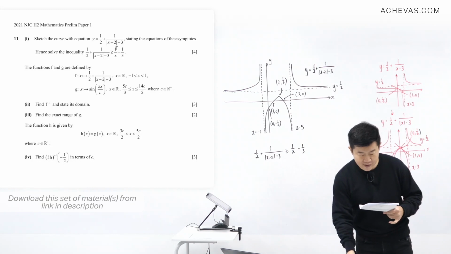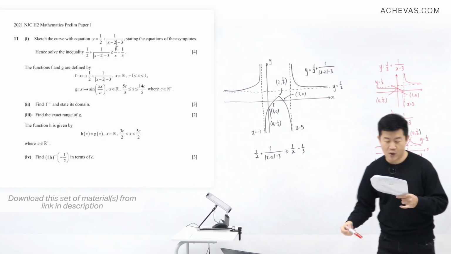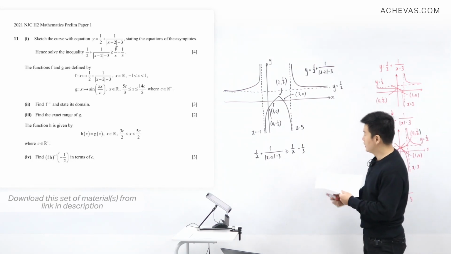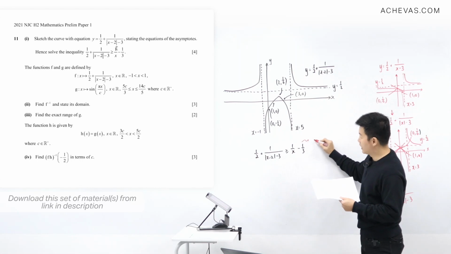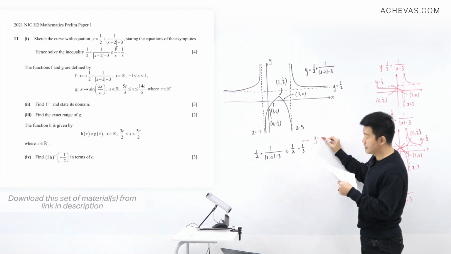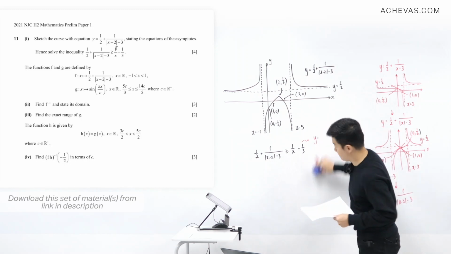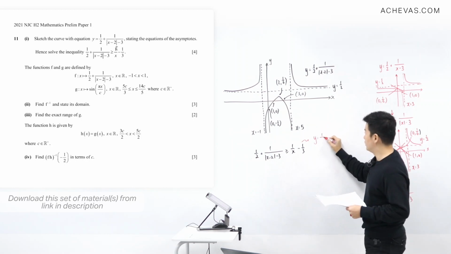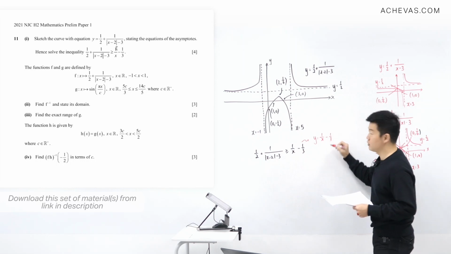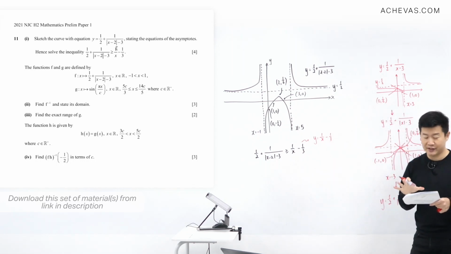I need to draw the graph of y is equal to 1 over x minus 1 over 3. This is an easy graph to sketch.